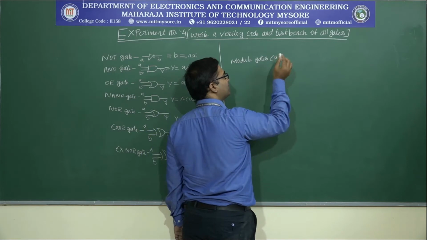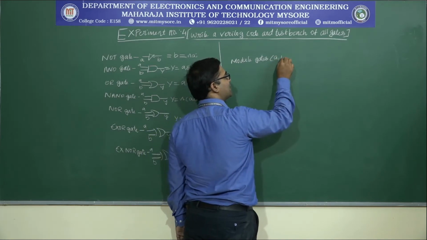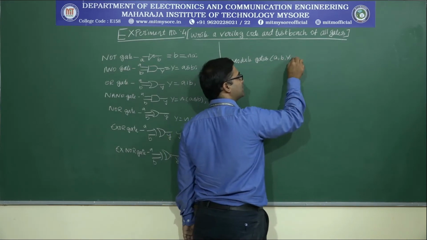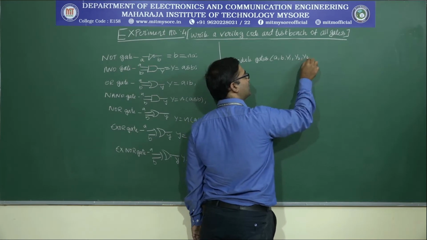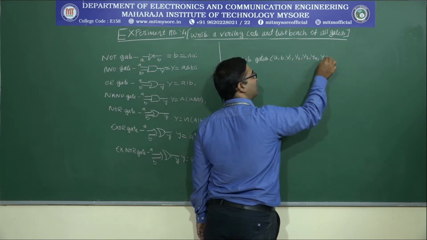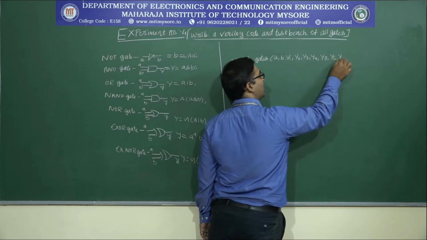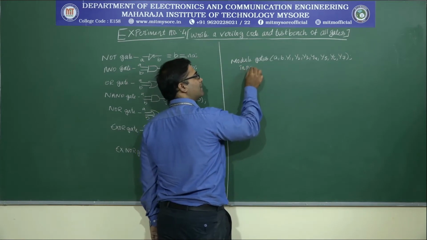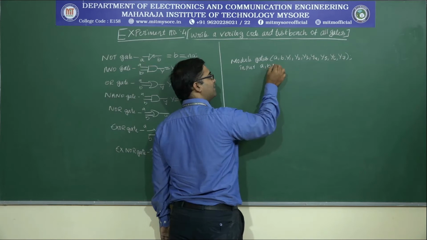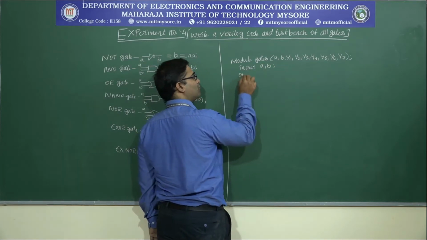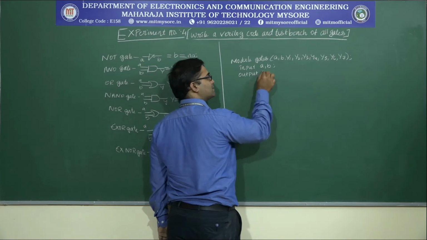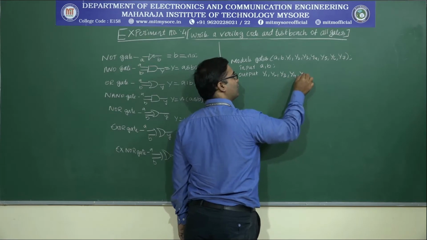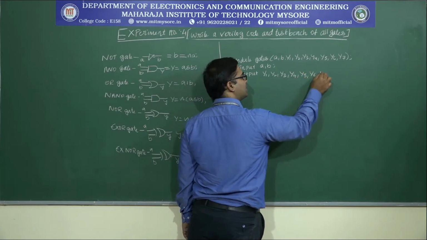We do have two inputs, let us define the two inputs as A and B, and the outputs are Y1, Y2, Y3, Y4, Y5, Y6 and Y7. We do have ports declaration, input as A and B, output as Y1, Y2, Y3, Y4, Y5, Y6 and Y7.